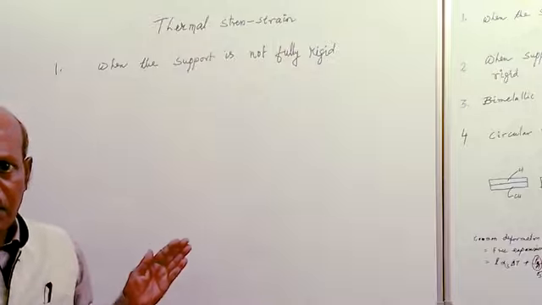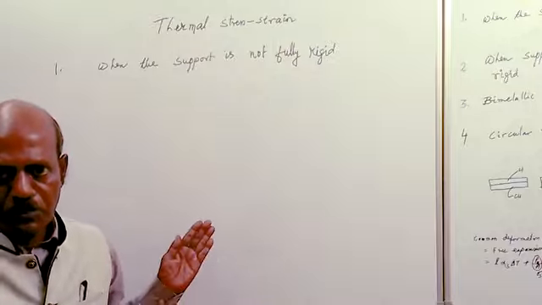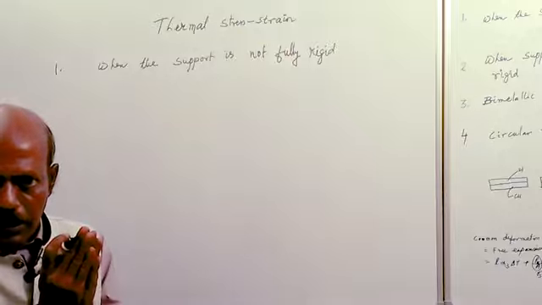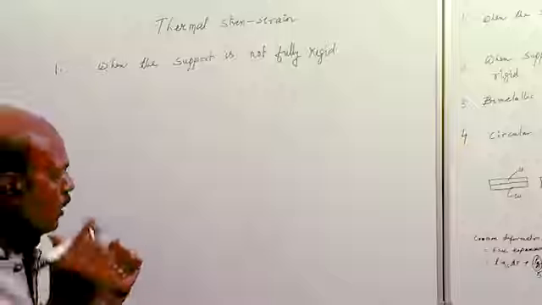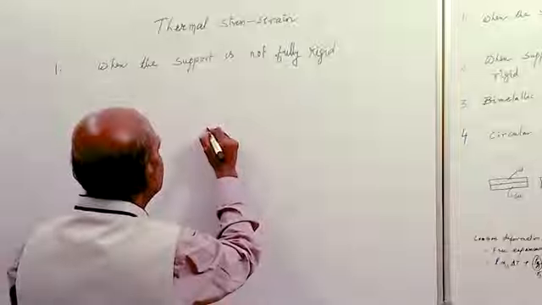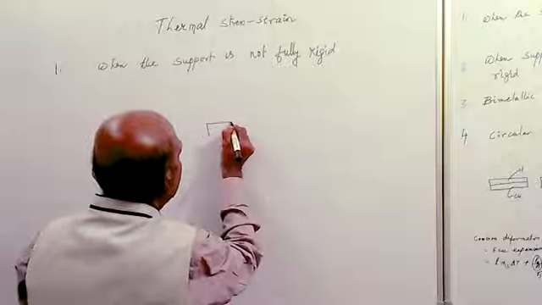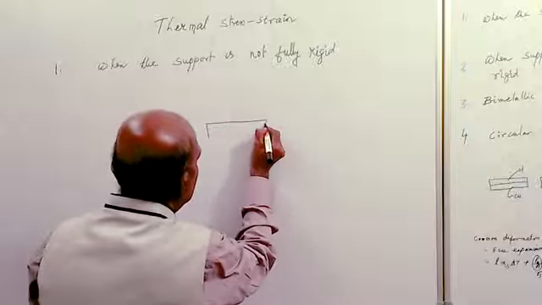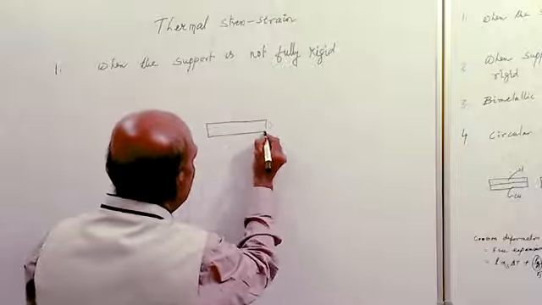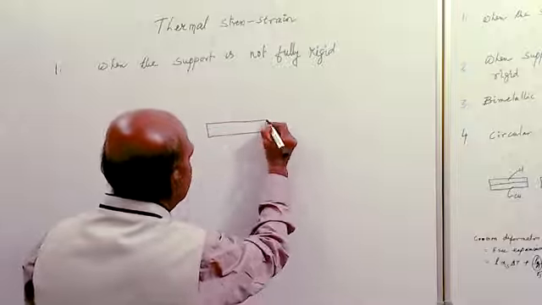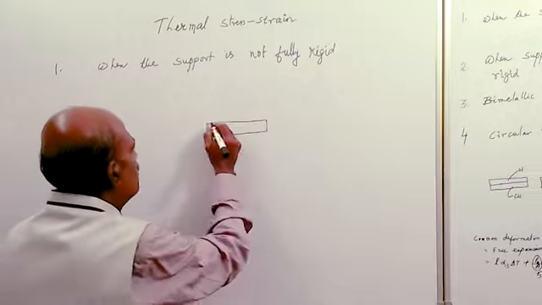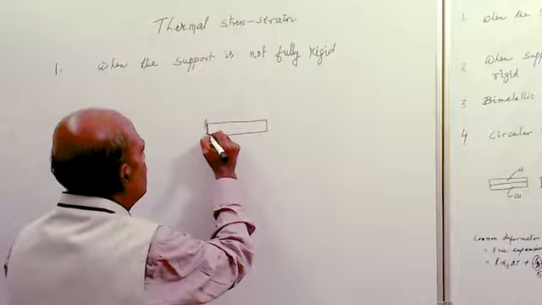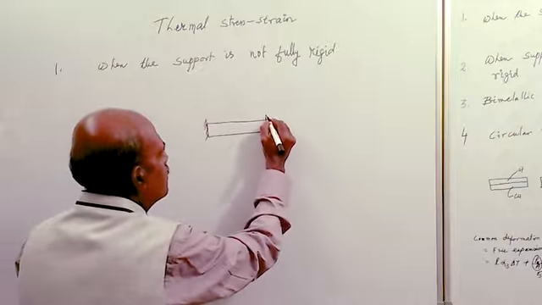There will be some deformation produced in the support, or in other words, the support shifts when there is a stress developed in the bar. Okay, so now let's see. The bar is under two supports. The supports are not fully rigid, which means there may be some deformation produced in the supports.